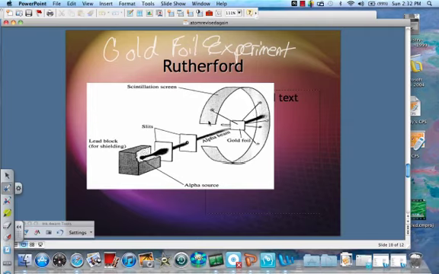But what he actually found, because he had a device to measure the amounts of radioactivity around it, was that most of these particles went directly through the gold foil. Okay, most of the particles went directly through. And then he saw that every now and then there would be a beam being either bounced back or deflected at an angle.